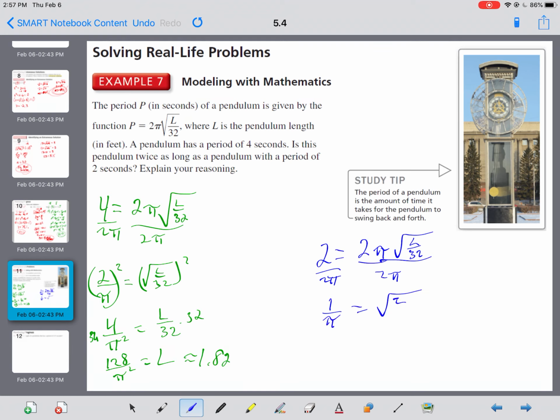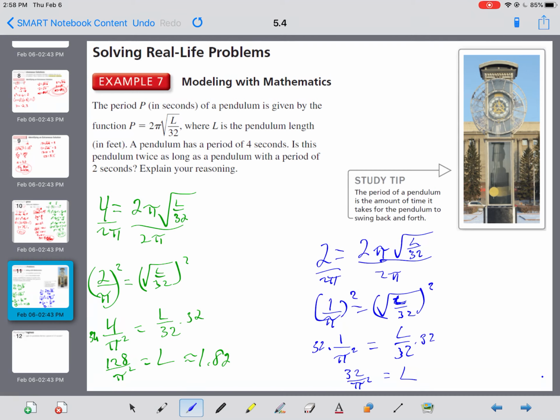So you get 1 over pi equals the square root of L over 32. That's an L, I promise. Square both sides. So 1 over pi squared equals L over 32, times 32. So 32 over pi squared equals L. Is the pendulum twice as long as the pendulum with a period of 2 seconds?